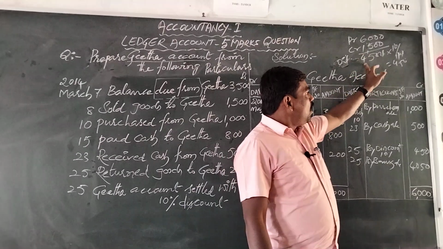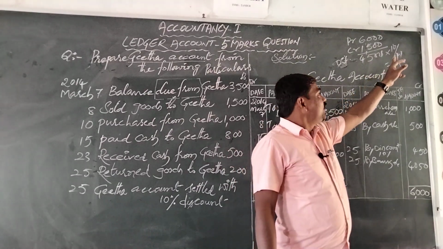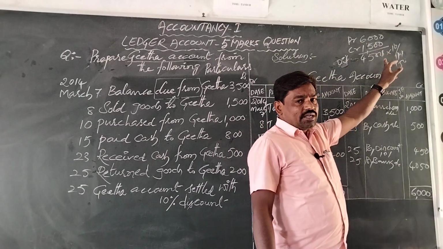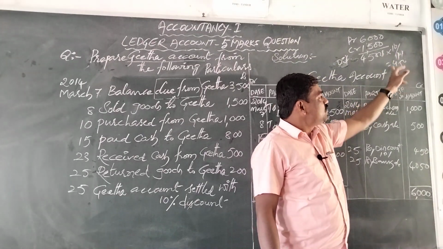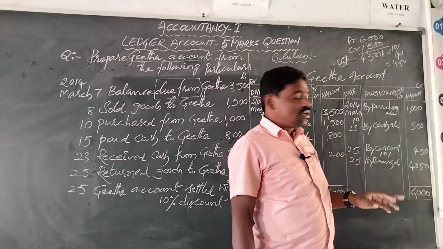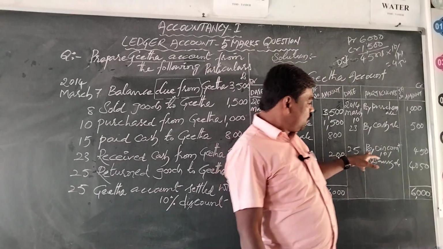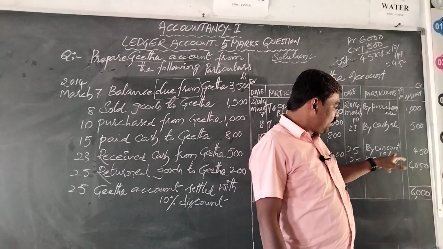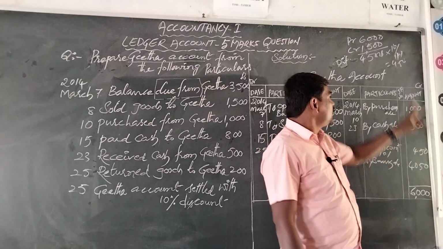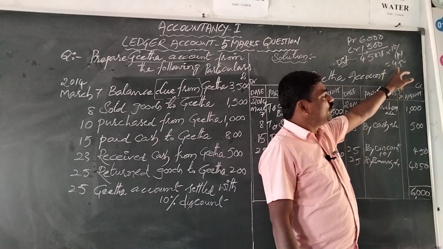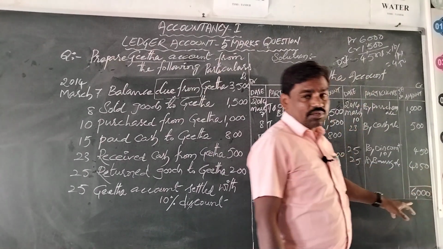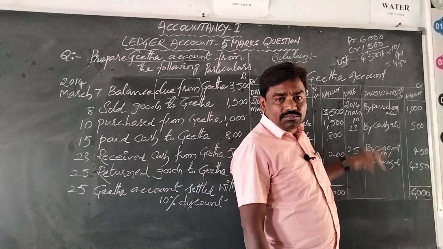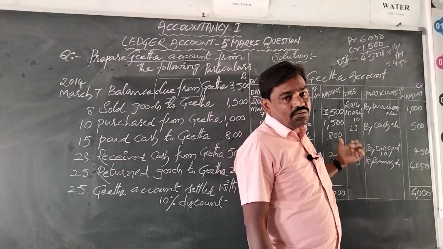So on 4500, if you calculate discount at the rate of 10%, you get 450 rupees. This 450 is called a discount. So here you write 25th by discount at the rate of 10%, that is 450. From 4500 you deduct 450 and you will get 4050. This amount we collected from Geeta for the settlement of her account.